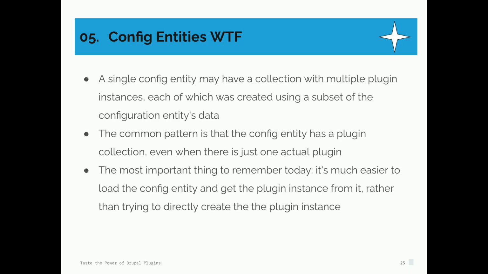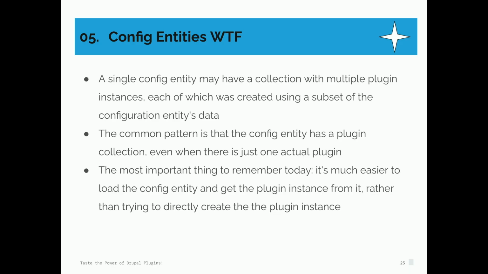So to make it even more confusing, a single config entity can reference lots of different plugins. And you can imagine, as I said, with a view, right? A view can have multiple displays. It can have multiple blocks defined. So a single view can be referencing multiple plugin instances, each of which has an array of data that's going to configure it.